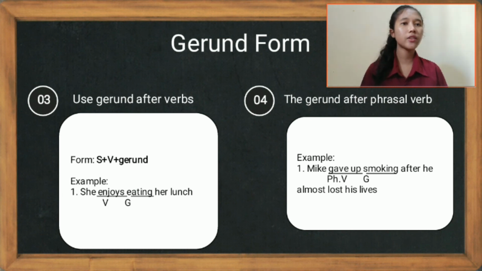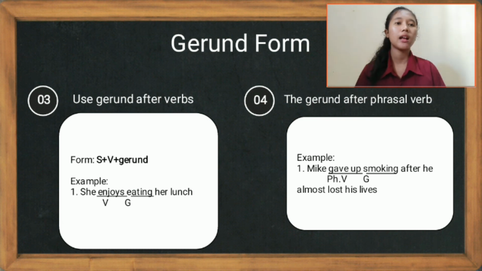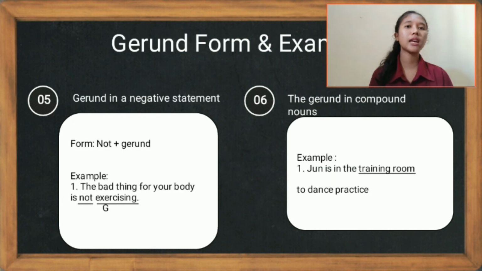The fourth is the gerund after phrasal verb. Basically, the gerund is always used after a phrasal verb. For example, Mike gave up smoking after he almost lost his life. From the sentence we know that give up is a phrasal verb and smoking is a gerund. The fifth is gerund in a negative statement.